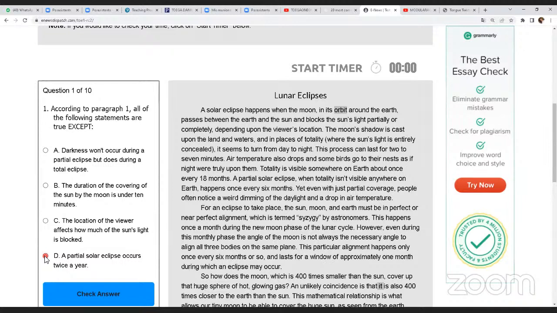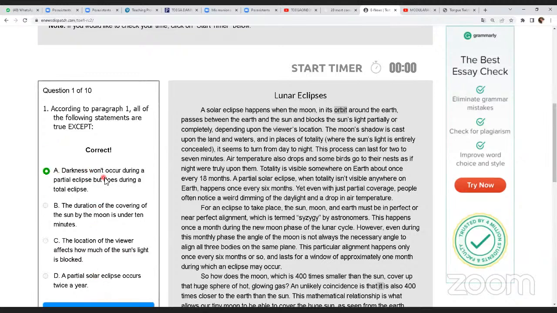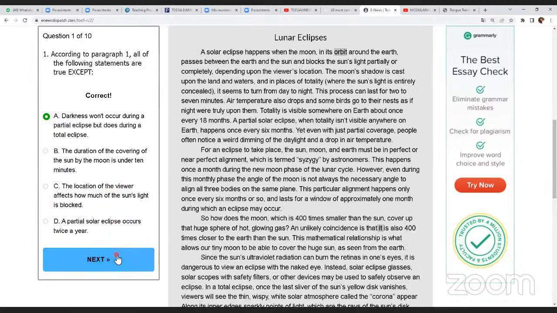With the B or C. C? Yes, I think letter C. The correct one was A, right? Darkness won't occur during a partial eclipse, but does during a total eclipse, right?